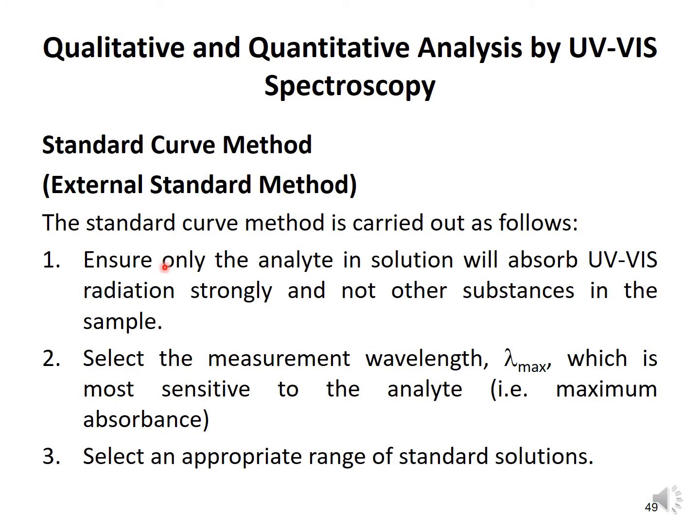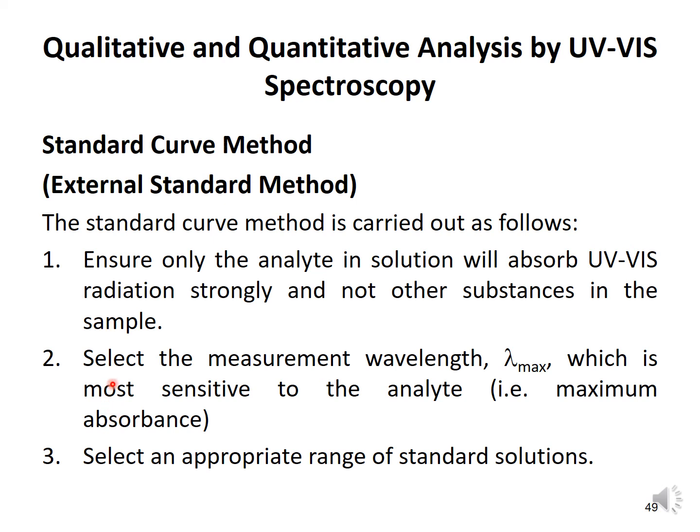In this method, ensure only the analyte in solution will absorb UV radiation strongly and not other substances in the sample. So you must make sure that your standard solution consists of only your analyte.